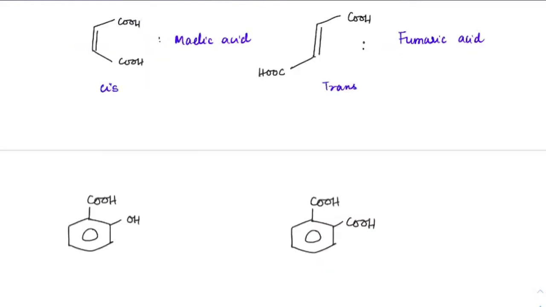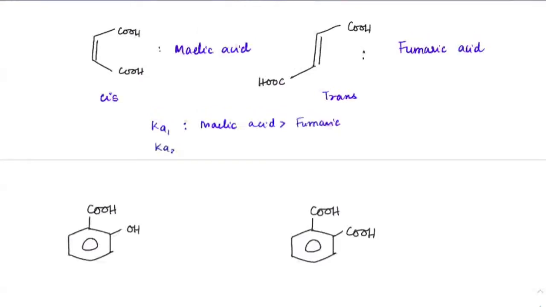Just to remind you that Ka1 of maleic acid is greater than fumaric because the COO minus which is formed will have strong hydrogen bonding here. Because it gets into strong hydrogen bonding, Ka2 will be less for maleic acid as compared to that of fumaric acid.